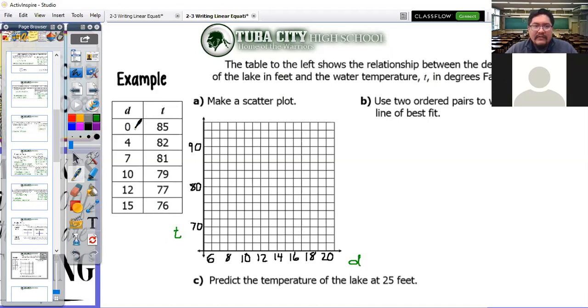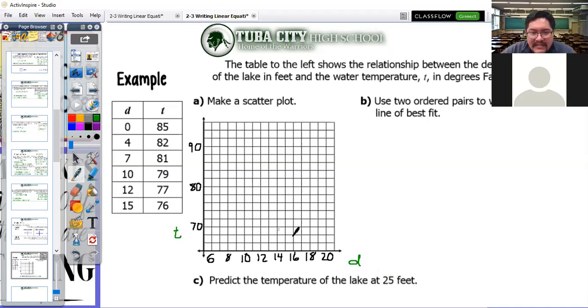I have 0. So this is the depth of 0, which means it's the surface of the water. If you were to grab a thermometer and measure the top of the water, in this case, it would be 85 degrees. In this case I had to skip a few. I couldn't fit it in because I wanted to make sure this part fit with 25 feet for part C. So I'm going to start from the back.